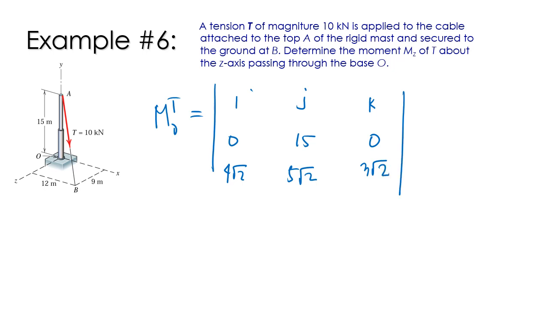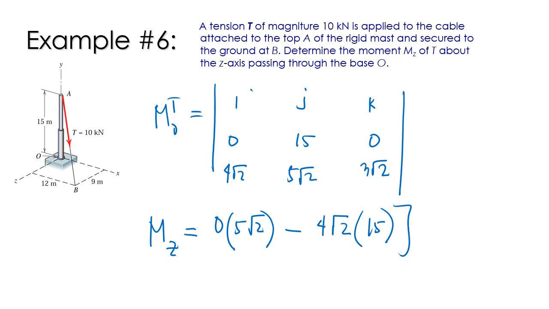What we are looking for is the Mz. So Mz is equal to this one: 0 times 5 square root of 2 minus 4 square root of 2 times 15.